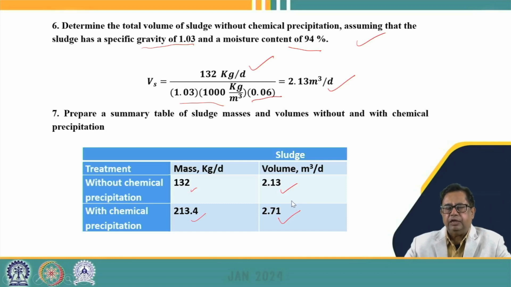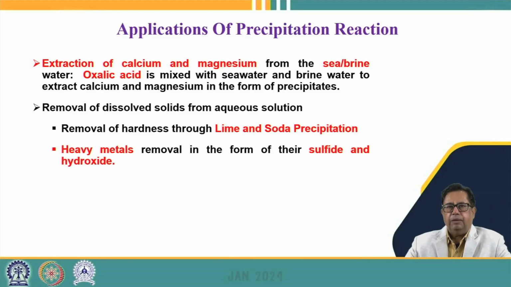So in this way, we can calculate the amount of sludge which is generated by taking into account not only the removal of the suspended solids, but also the precipitate that is formed because of the precipitation reactions.